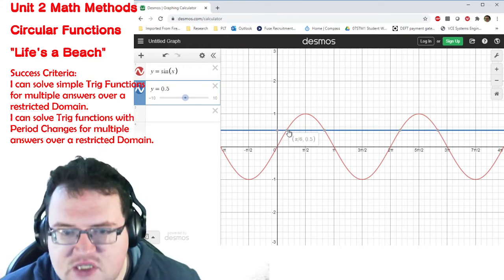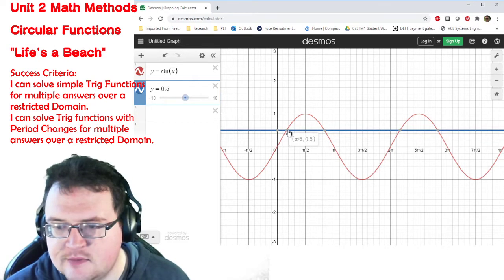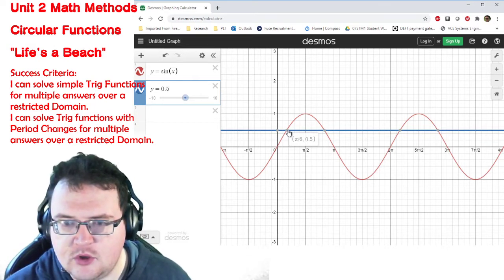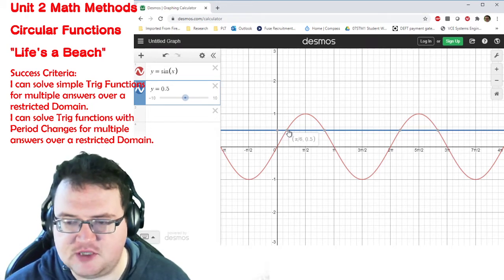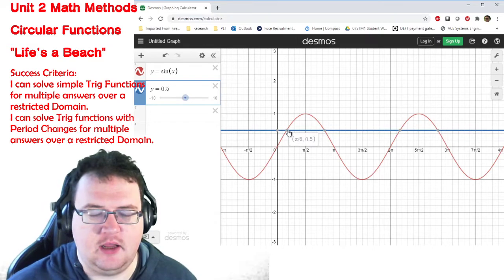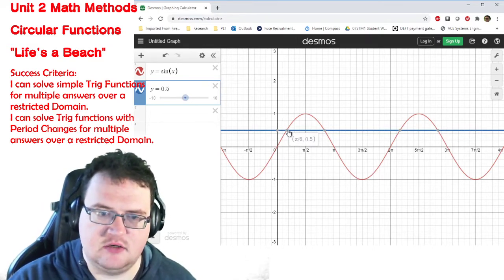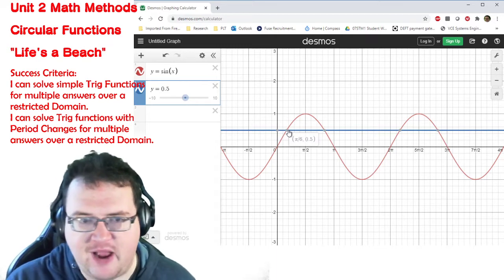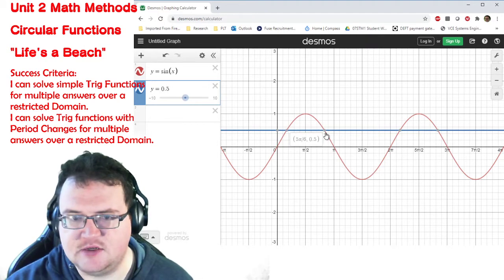Now if you think about your symmetry properties between 0 to 2 pi, you can start to realize that they follow your symmetry properties pretty closely. So it's going to be pi on 6 from 0, but it's also going to be pi on 6 from pi, going backwards, which is where you get pi on 6, 5 pi on 6.